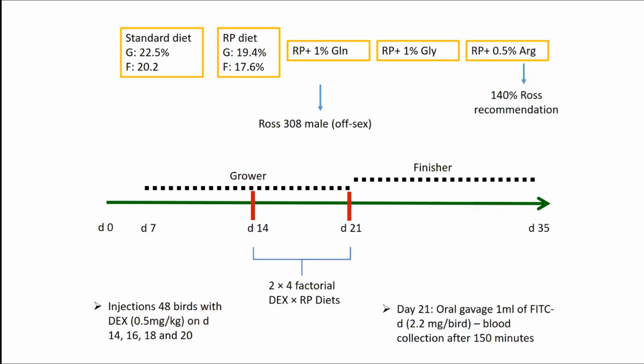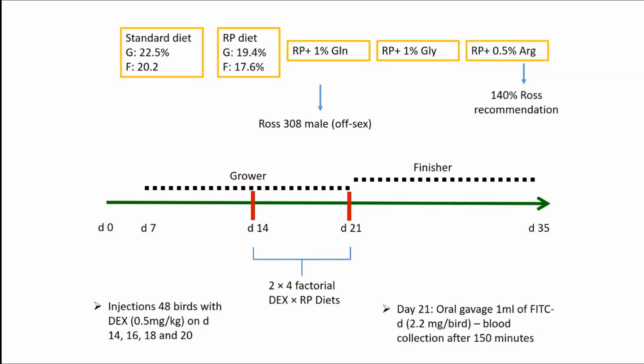We added glutamine and glycine and arginine into the reduced protein diets. And we had 1% glutamine, 1% glycine, and 0.5% arginine, which brought the arginine to around 140% of Ross recommendation, which was a fairly substantial increase.